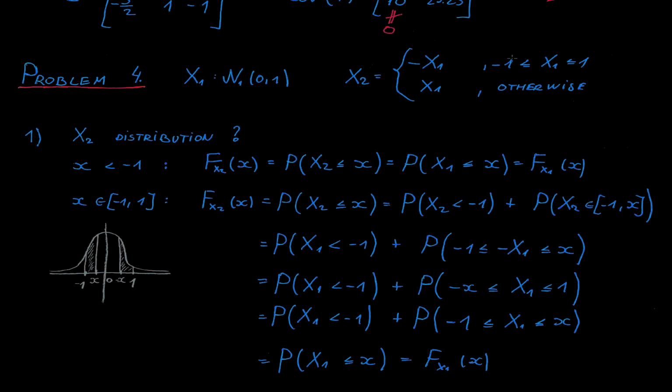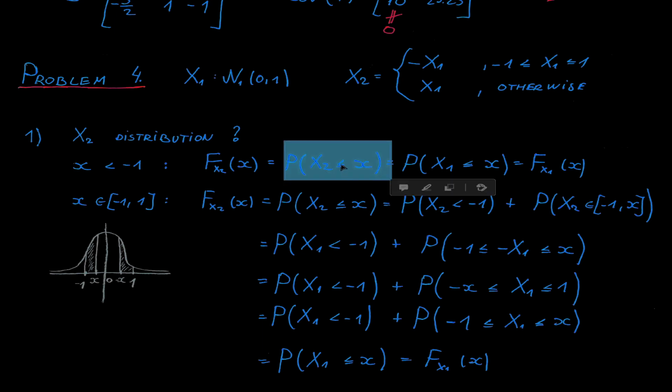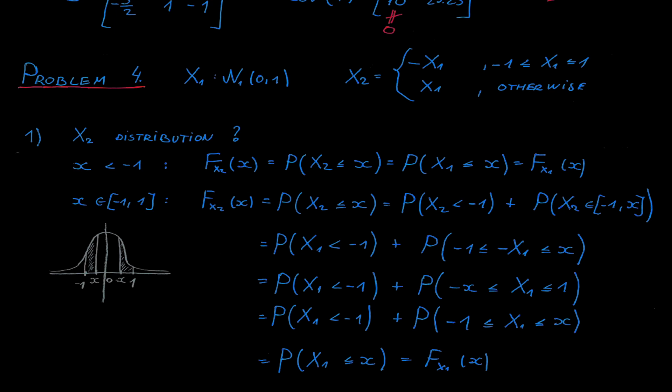Okay, so what happens for x smaller than -1? By the definition of the cumulative distribution function, it is the probability that x2 is smaller or equal than that particular x.